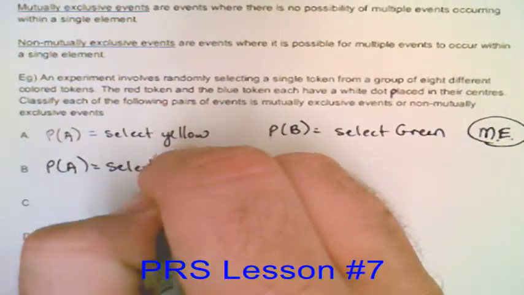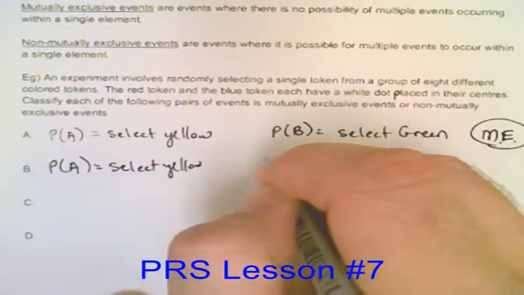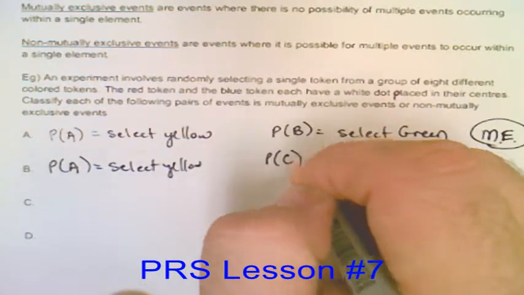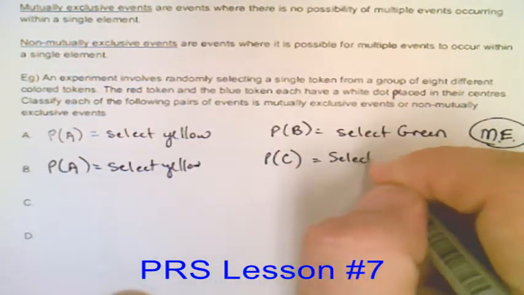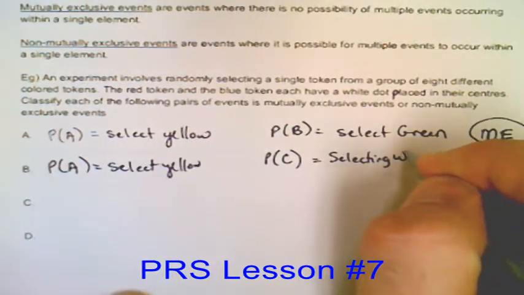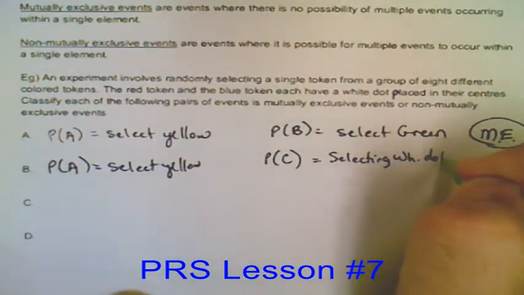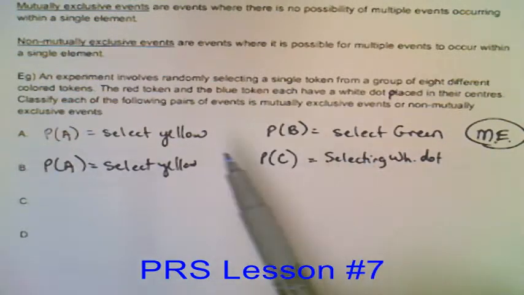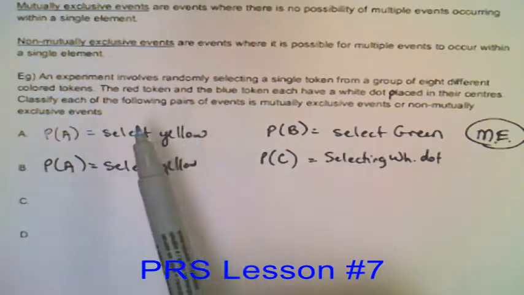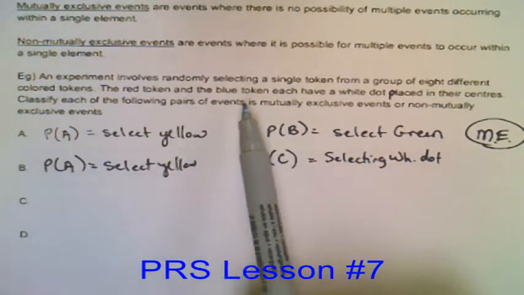If I define event A, in question B, as selecting a yellow, and event, I'm going to say C because it's a different one, of selecting a white dot, is there any token that's going to be both yellow with a white dot?